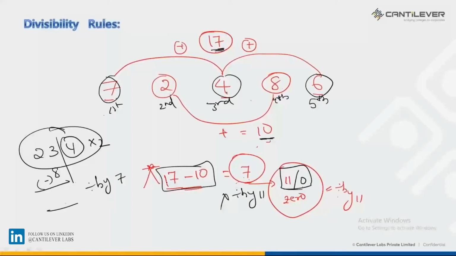Since it is a 3-digit number, it is sufficient for me to multiply with 2 one time. But if you have more digits, you have to keep on repeating this process until you reach a number where you can judge whether it is divisible by 7 or not.